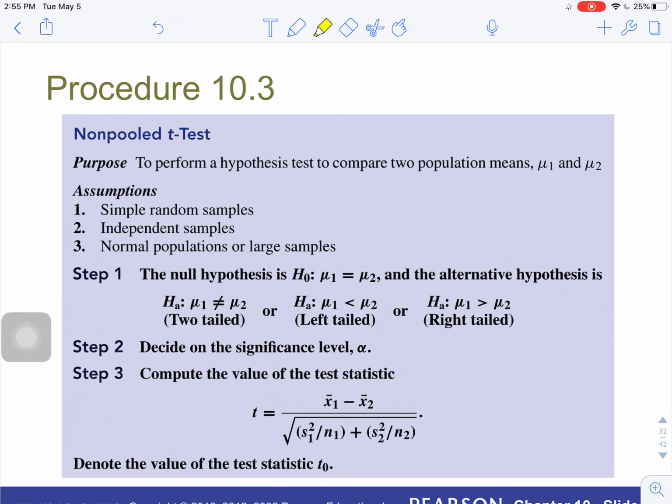For the procedure, it's going to be the same: simple random sample, independent samples, normal populations or large samples, and you also have to check that the two standard deviations are not close at all. You still have your two-tailed, your left-tailed, and your right-tailed tests. You still have your test statistic calculation.